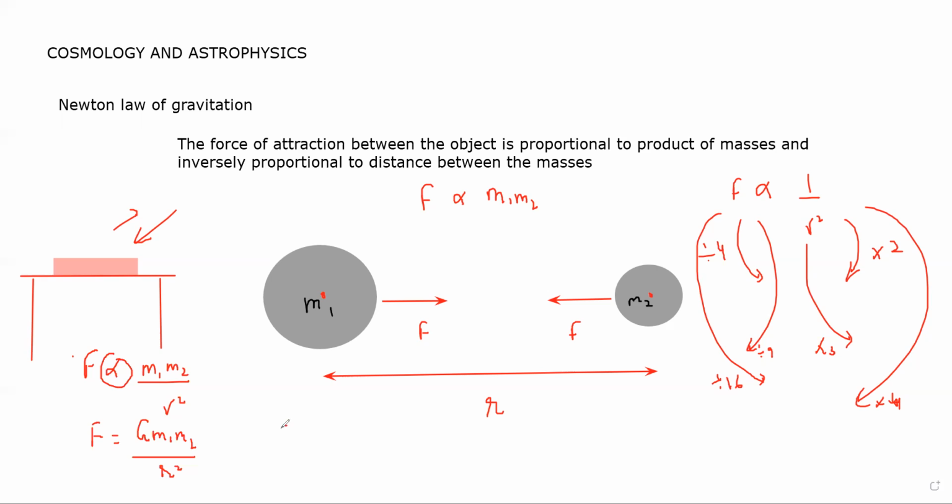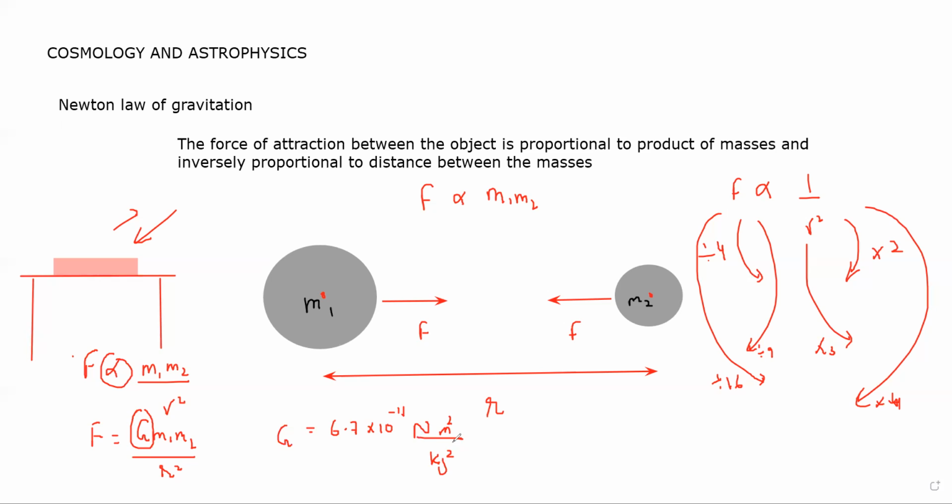The value of G is a constant, which is 6.7 × 10 to the power minus 11. And what will be the unit? If I'm finding the unit of G, we know the force is in Newton, so this will be Newton. Distance is in meter, so it is squared, meter will be multiplied there, it will become meter square, and divided by mass in kilogram, so it will become kilogram square.